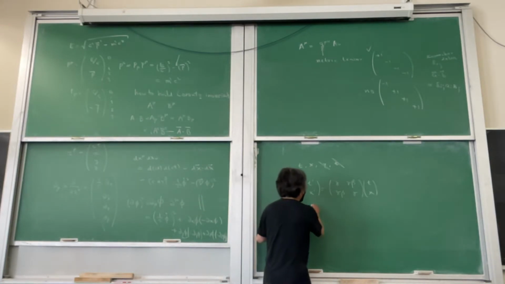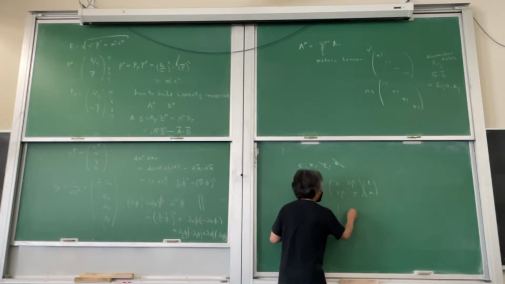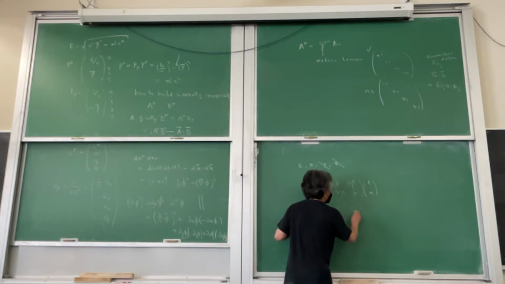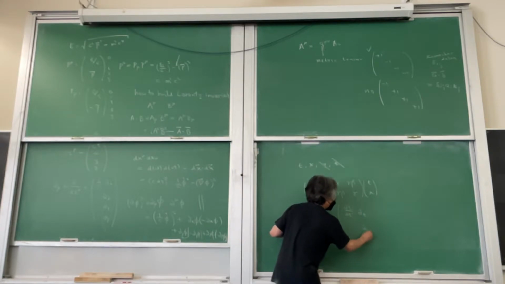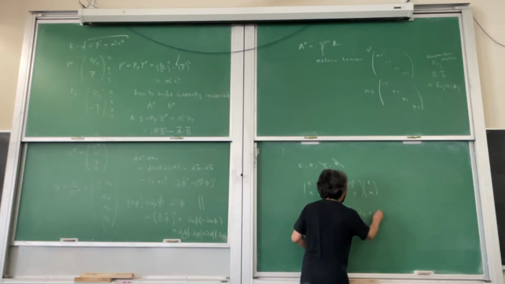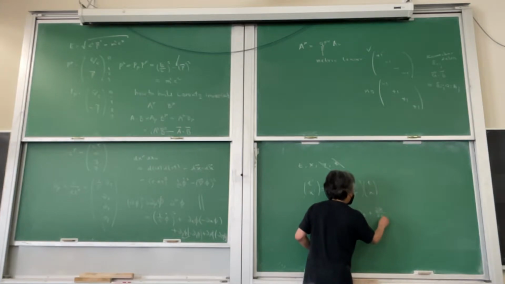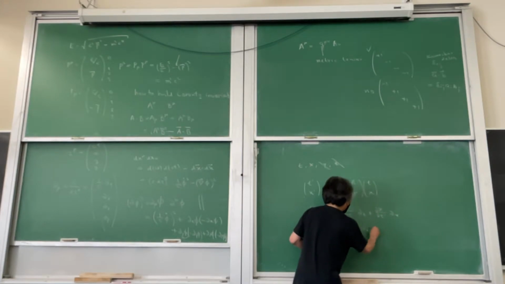So dt prime is del t prime over del t, and del t prime over del x. It's the chain rule.